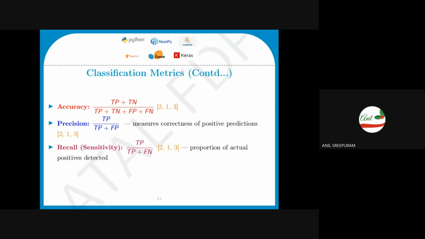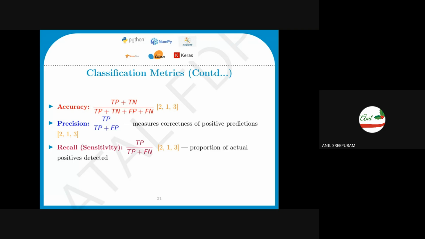Now, what about recall? Recall is sometimes called sensitivity. In the actual case, there may be a number of samples which are actually positive. But out of those samples, how many is the model able to predict as truly positive? Assume you have 200 samples in your data set which are actually in class 1 or the positive class.